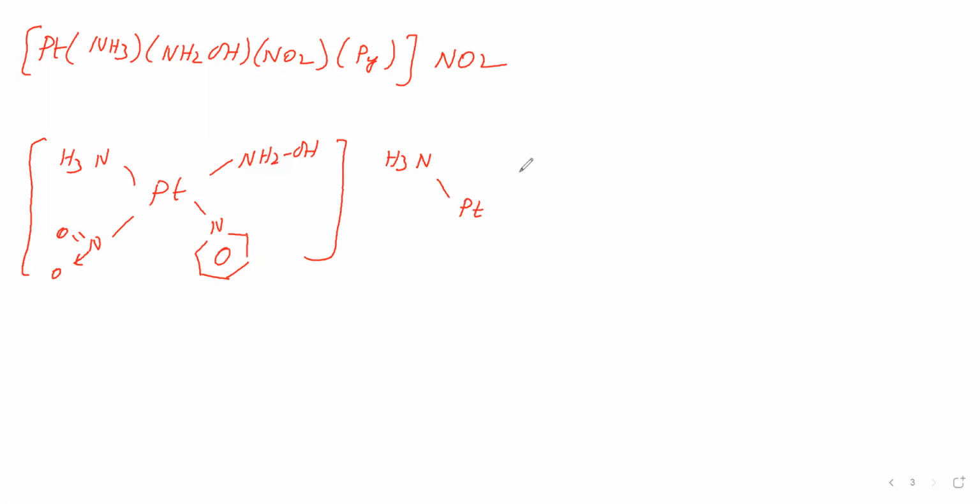Now we will interchange two ligands, suppose pyridine and NH2OH. We are interchanging pyridine and NH2OH, so we get it like this. It is one isomer.